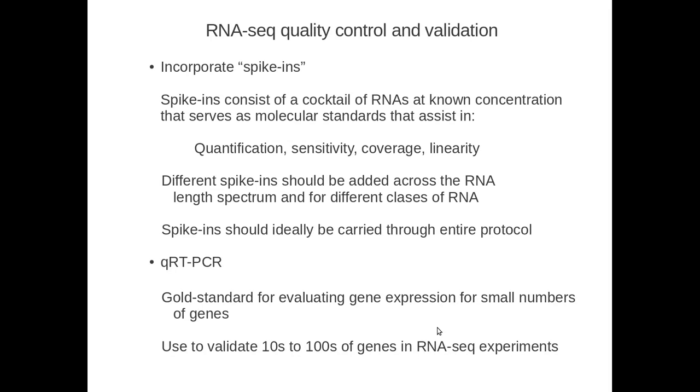This is typically done only on tens to hundreds of genes, hundreds being the upper bound, more realistically tens of genes, simply because of the expense and the throughput considerations. So this is not generally an approach that we're able to do on whole genome types of experiments.